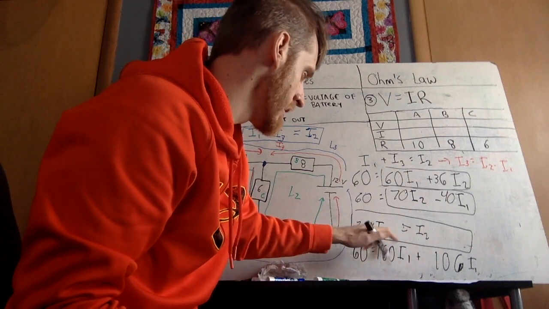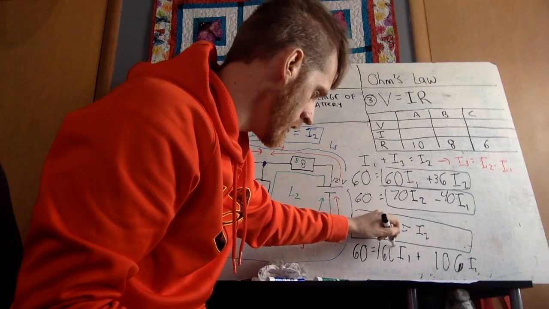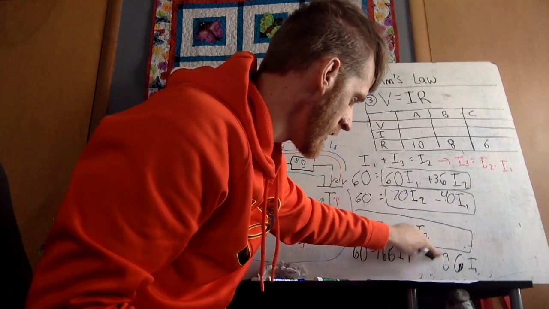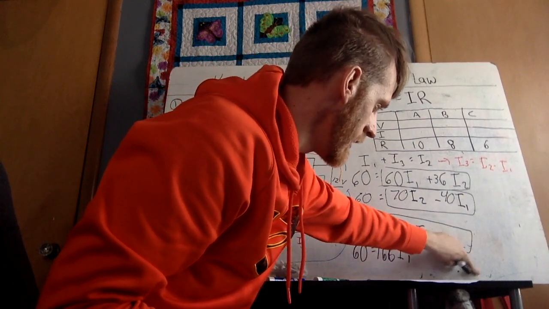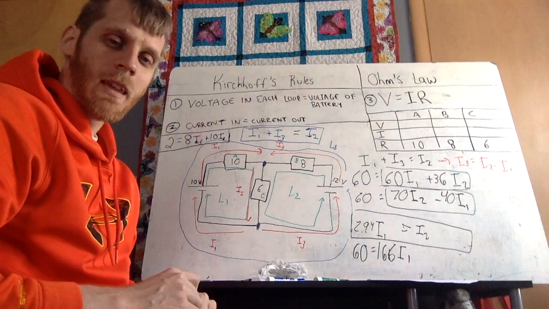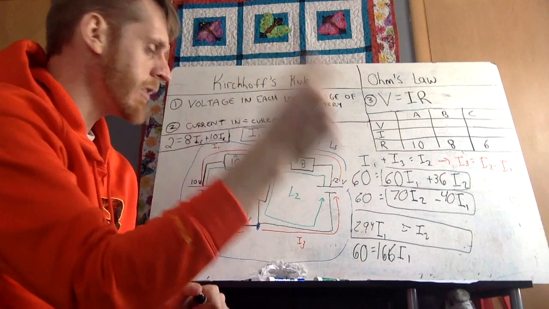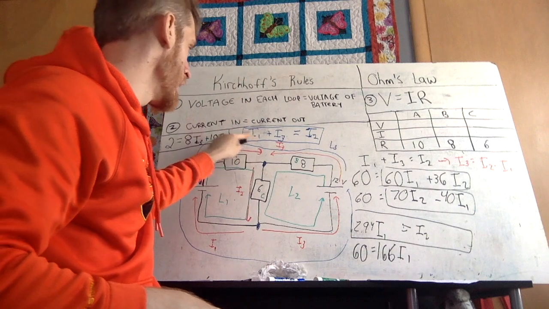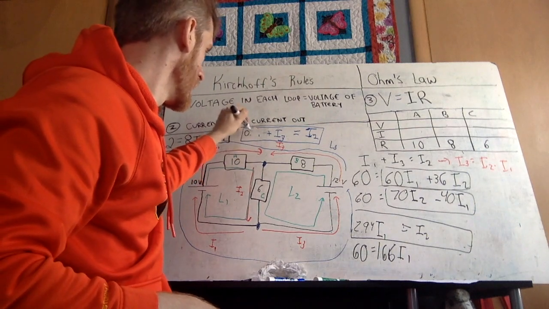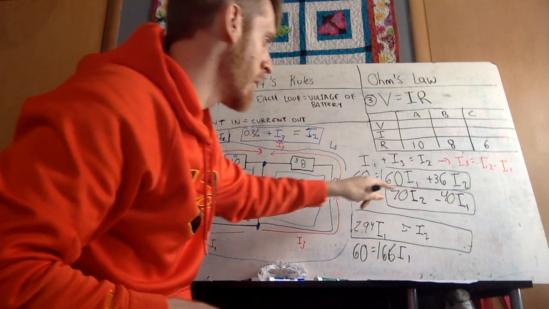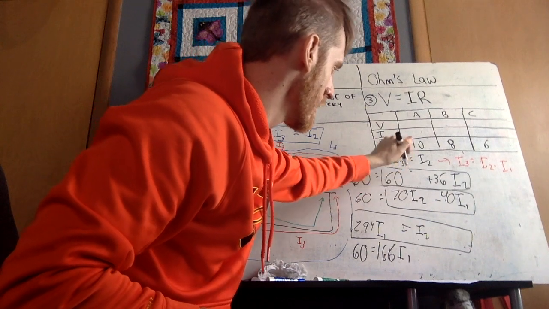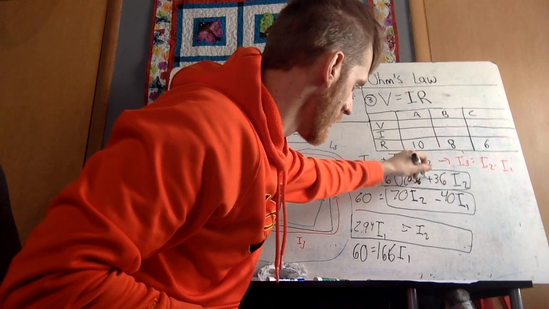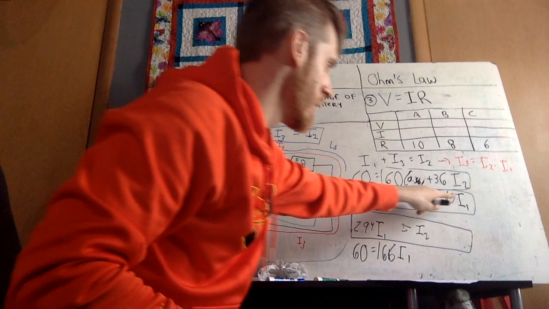So 166 I1 equals 60. And now, look at that. I solved for I1 because 60 divided by 166 is 0.36. So I1 is 0.36, and look at that.